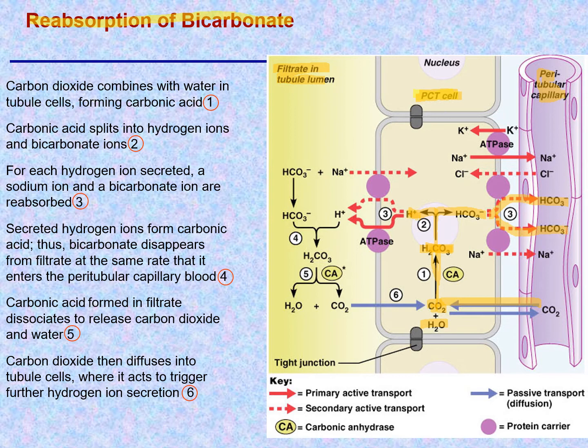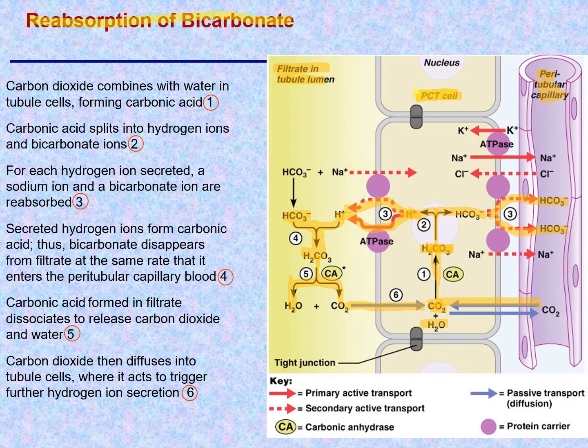And the hydrogen ion is going out by secretion into the tubular space. Once it's in the tubular space, it's going to combine with bicarbonate to form carbonic acid. The carbonic acid will form CO2 and H2O, and the CO2 will come back in. So that's another source of CO2.